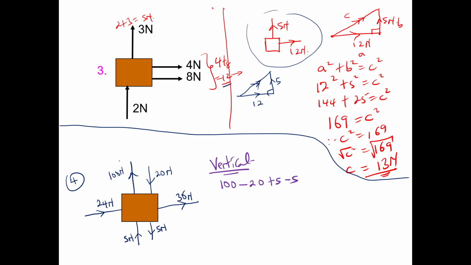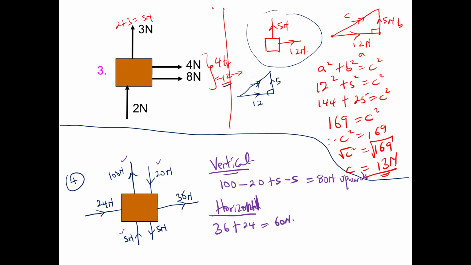So this is 100, then this one's going down, subtract. This one's going up, you add. This one's going down, you subtract. What answer do we get? 80 newtons. And this is going upwards. Then horizontally, we have 36 is going to the right, then you add 24, here we get 60 newtons.